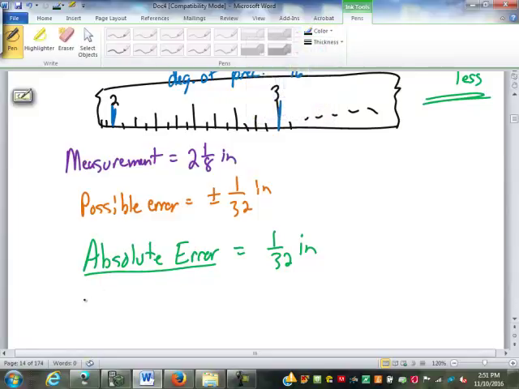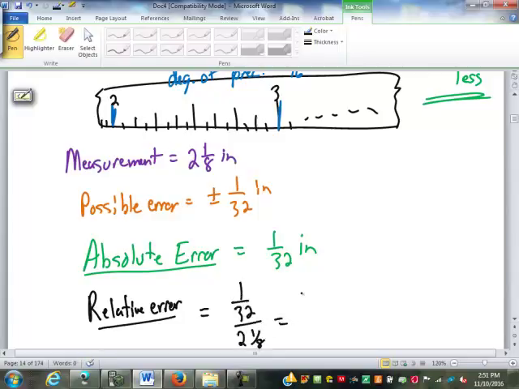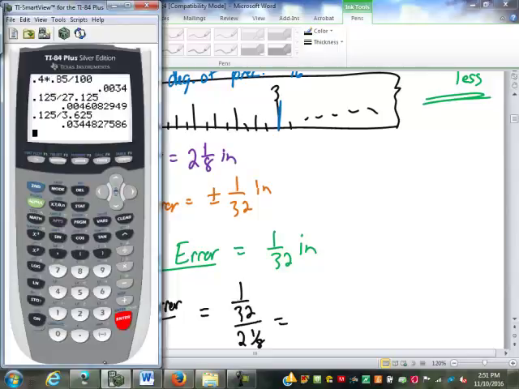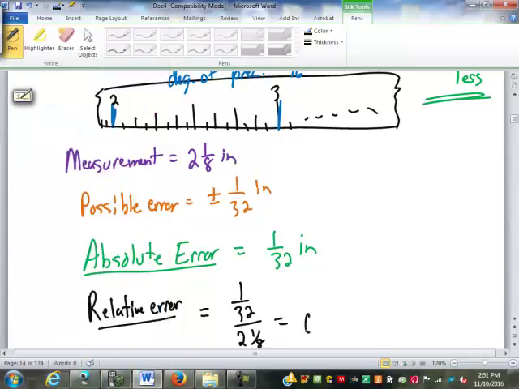So then what would our relative error be? Well, it's going to be 1/32 of an inch divided by 2 1/8, right? So on my calculator, I'm going to put in 1/32, which is 0.0325, divided by 2 1/8, 2.125, 0.01529.